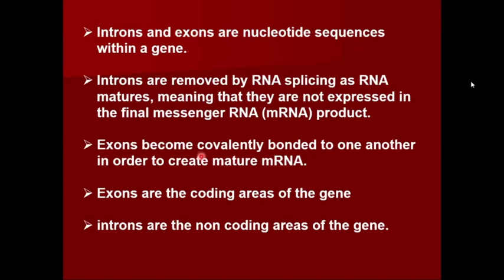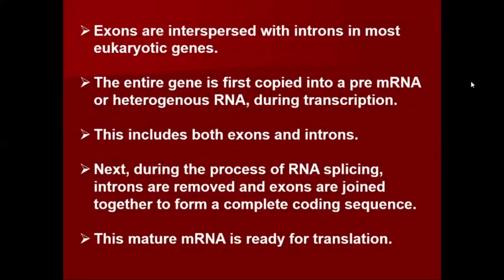So these exons become covalently bonded to one another in order to create a mature messenger RNA. And what's that bond? Phosphodiester bond. So I repeat, exons are coding areas of the gene. Introns are non-coding areas of the gene.